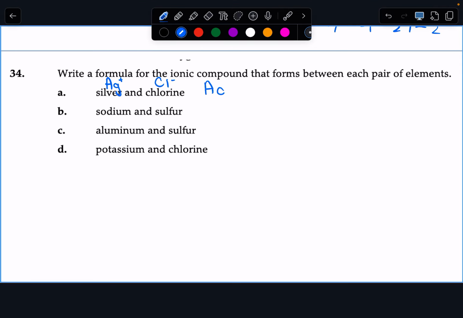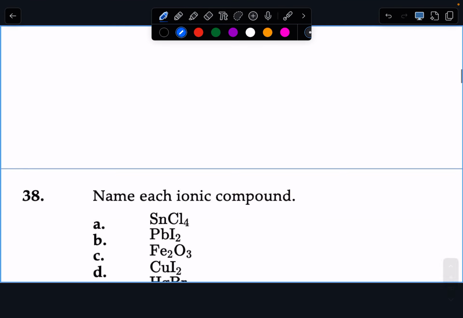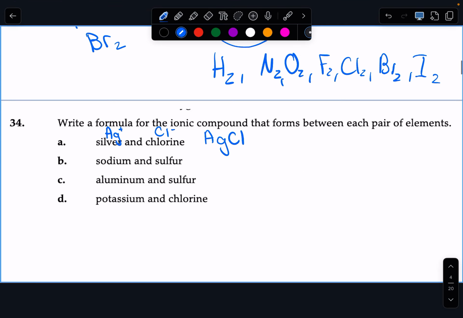So that compound is AgCl. Now, in the third question that I should have included with this, they give you the name and then expect the compound. Those are basically the same question, okay? So here it says silver and chlorine. In the name version, it would have just said silver chloride.